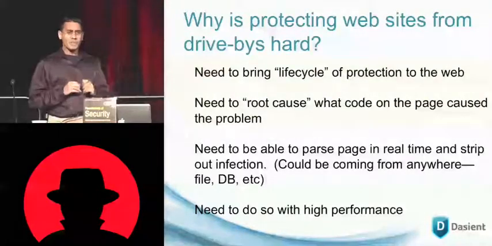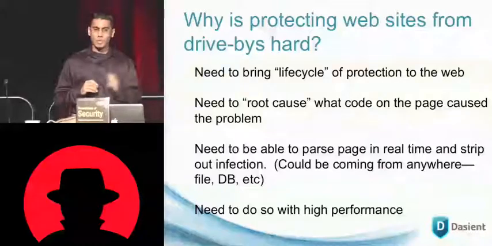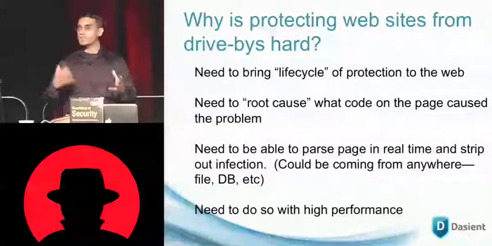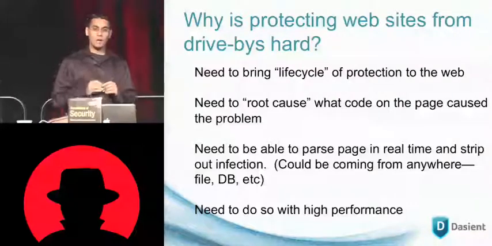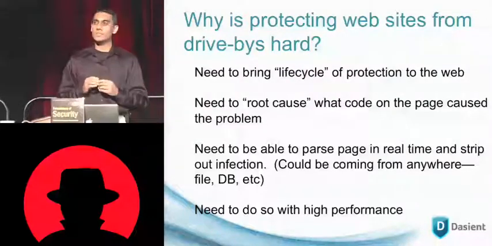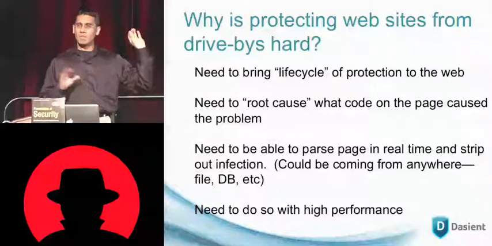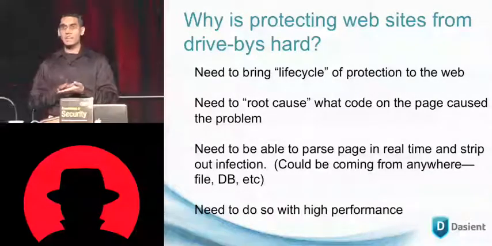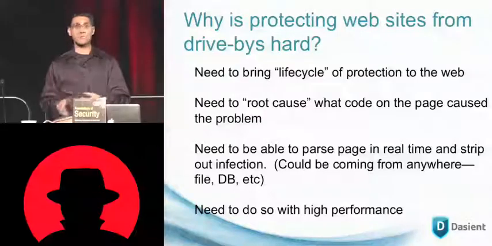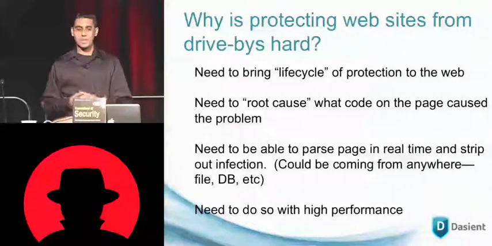We need to bring the entire life cycle of protection to the web, and there are a number of sub-problems that we need to address. One of the key problems is that whenever a website gets infected, it's important to root cause exactly where the infection is coming from, because it could be due to a whole bunch of different things on that website.